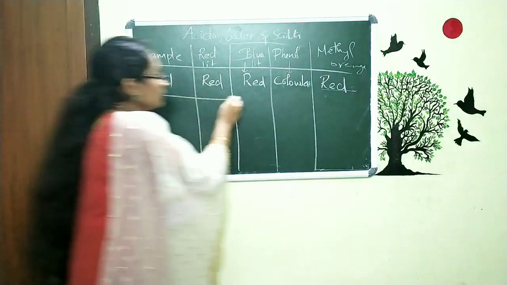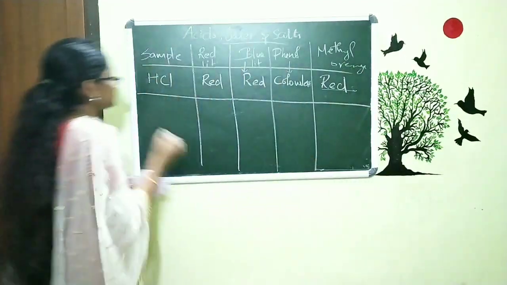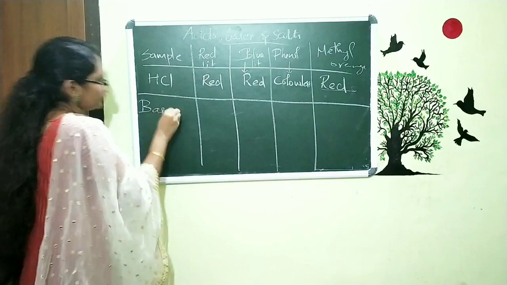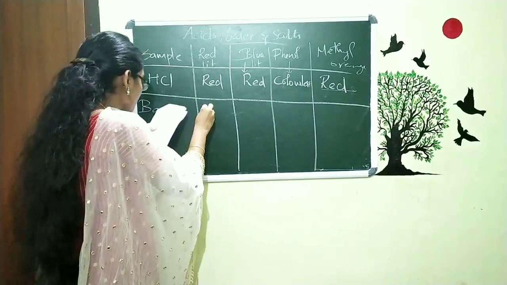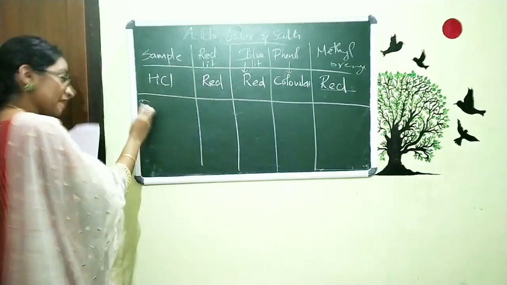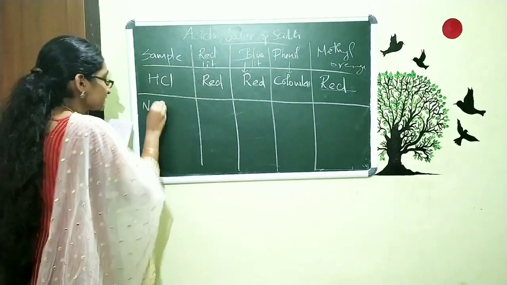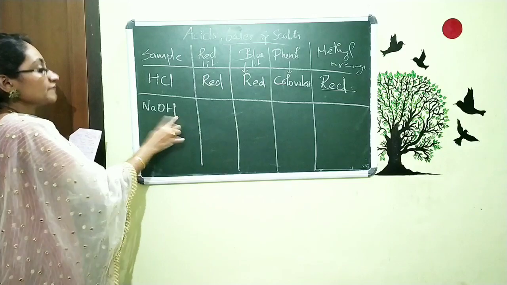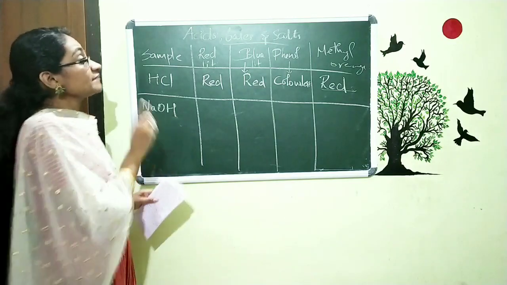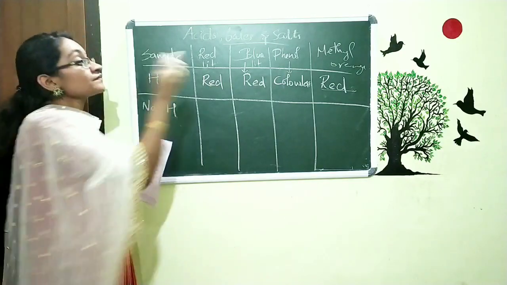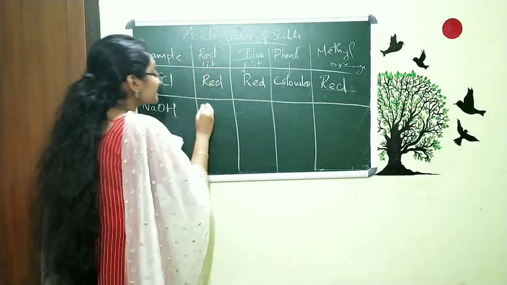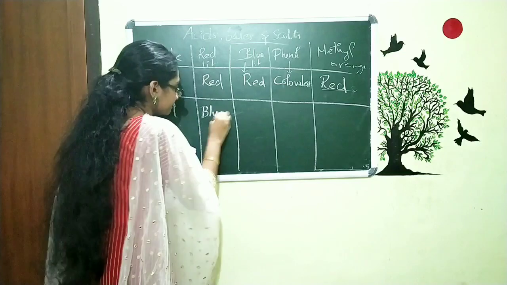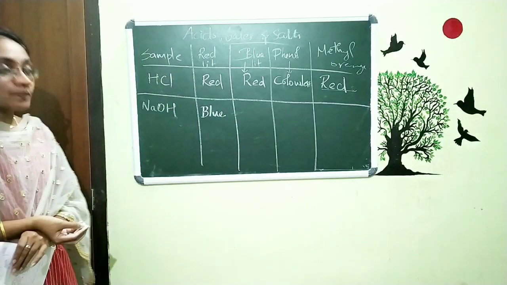Next we are talking about base. For base I am selecting sodium hydroxide. When the sodium hydroxide reacts with the red litmus, the red turns into blue.